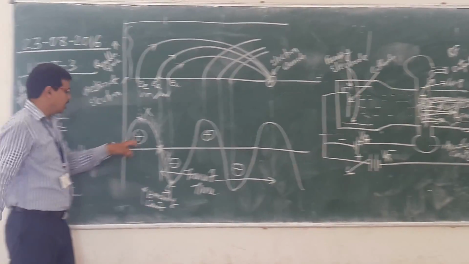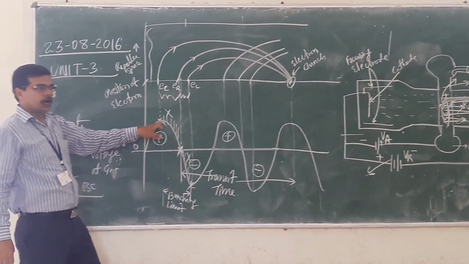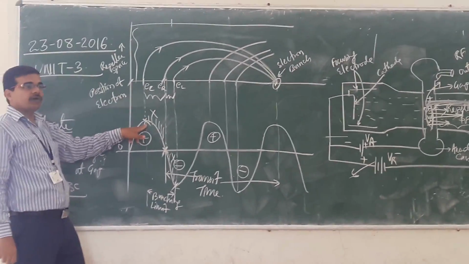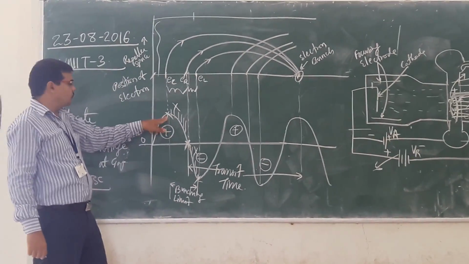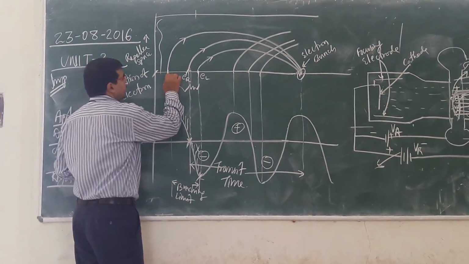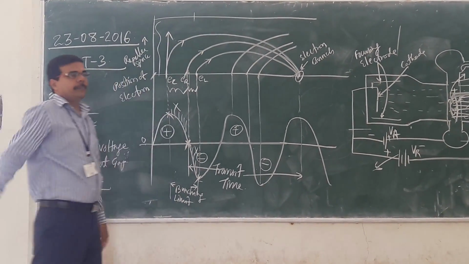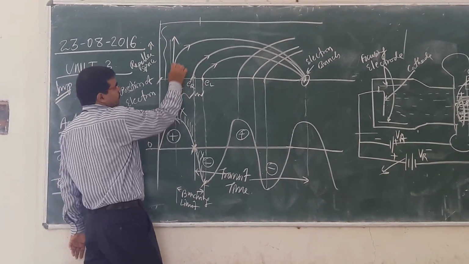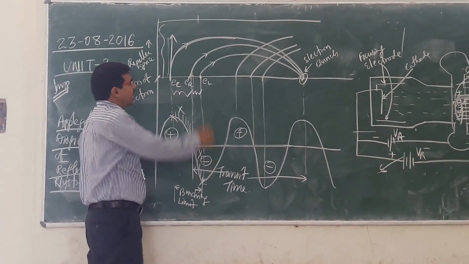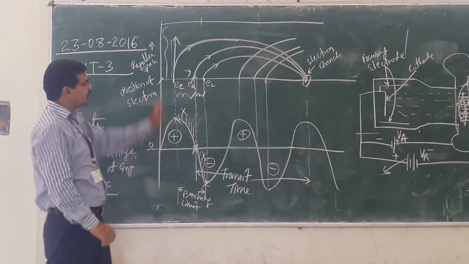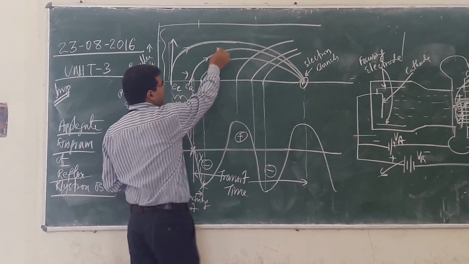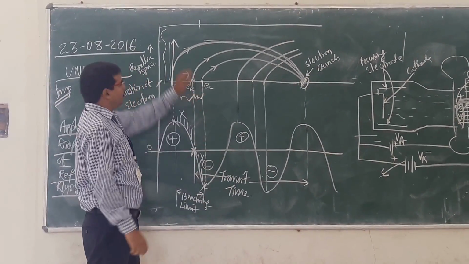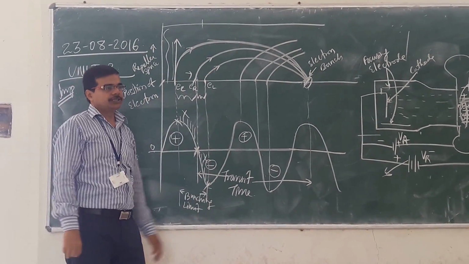On the other hand, you have this early electron. When it reaches the gap, during that time the voltage was positive. As the voltage was positive, it will penetrate more in your repeller space. So these two are forming the bunch.